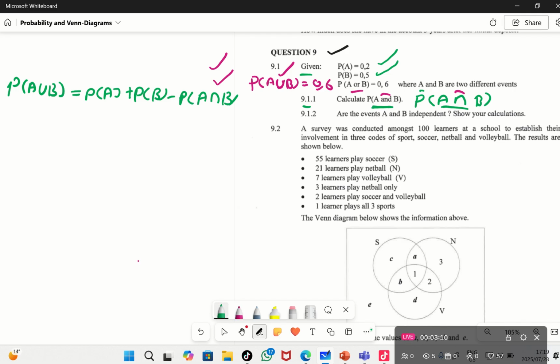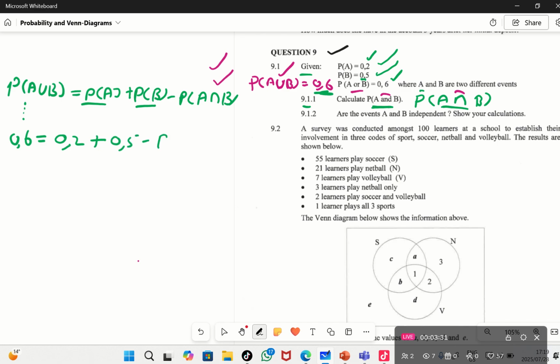We are given the probability of A or B to be 0.6 there. So we're going to substitute that with 0.6. We're given the probability of A to be 0.2. We substitute the 0.2. Plus, we are also given the probability of B to be 0.5. And then this is what we're looking for, the probability of A and B. Right?